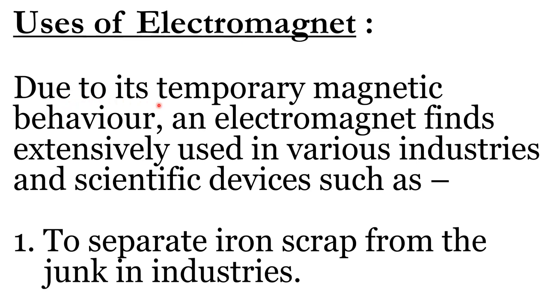Due to its temporary magnetic behavior, an electromagnet is extensively used in various industries and scientific devices, such as number 1, to separate iron scrap from the junk in industries.